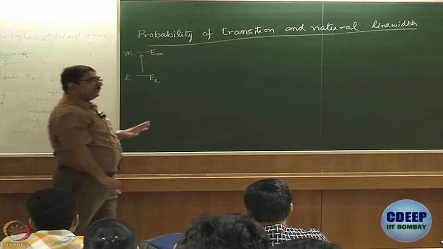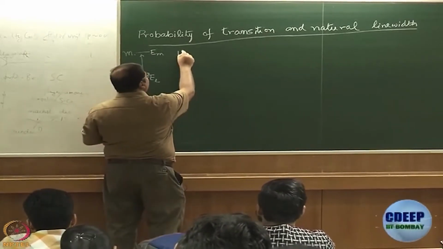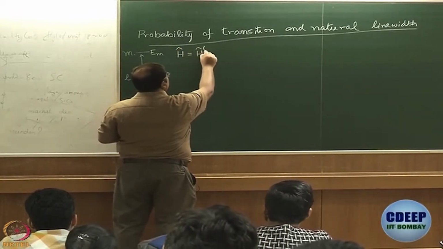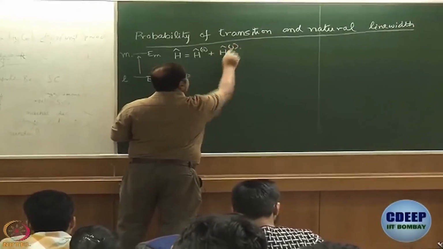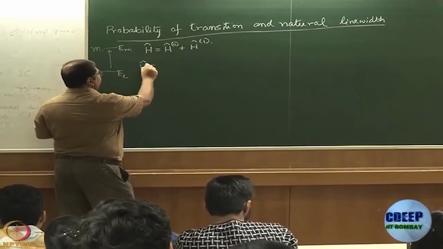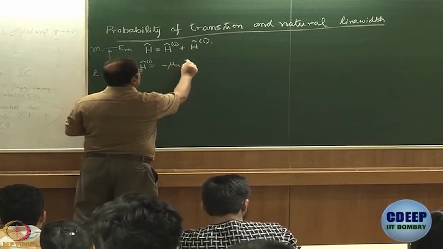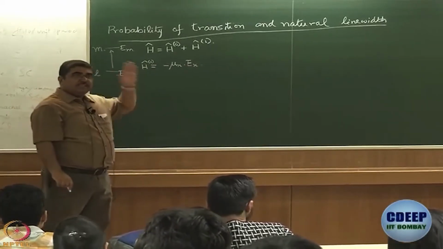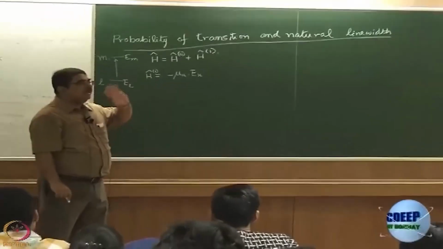As we have said, since we are using perturbation theory, we write the Hamiltonian of this two-state system as the unperturbed Hamiltonian plus a first order perturbation term, and this first order perturbation term, as we have already seen, is minus mu x into Ex. We are working in x direction only. Mu x is the x component of the dipole moment, Ex is the x component of the electric field associated with light.